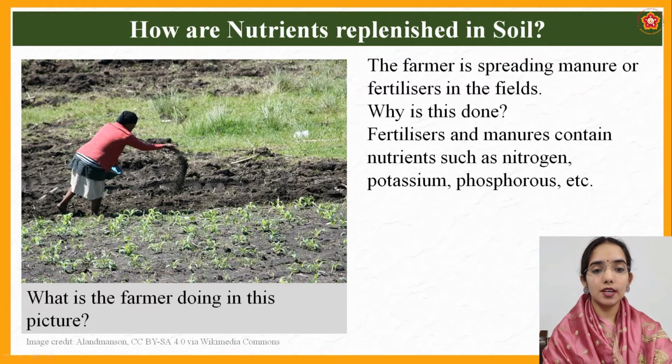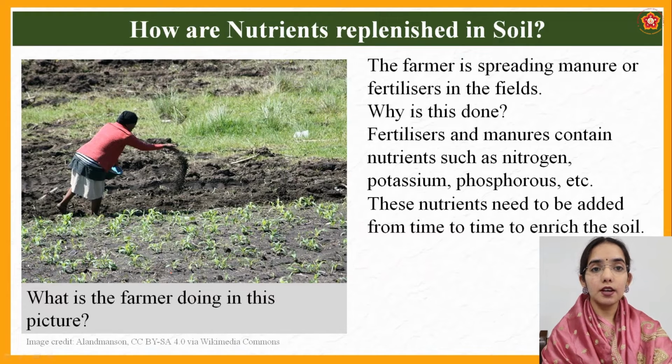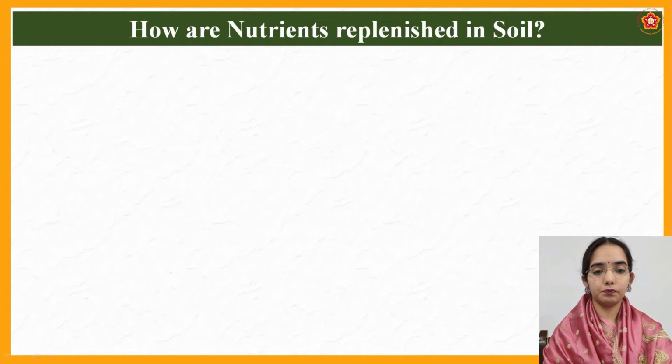Fertilizers and manures contain nutrients such as nitrogen, potassium, phosphorus, etc. These nutrients need to be added from time to time to enrich the soil. So that is why the farmer is adding fertilizer and manure, so that the soil can be rich in nutrients like nitrogen, potassium, phosphorus, and plants that grow on it can be healthy, and there will be proper growth of the plants.